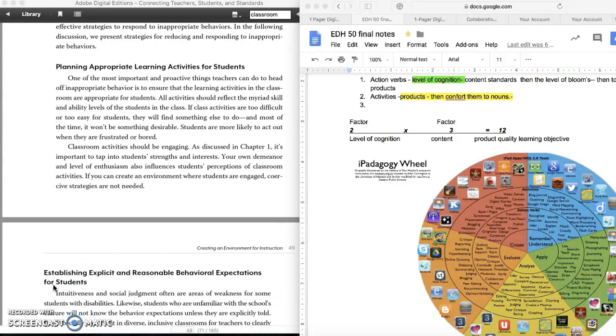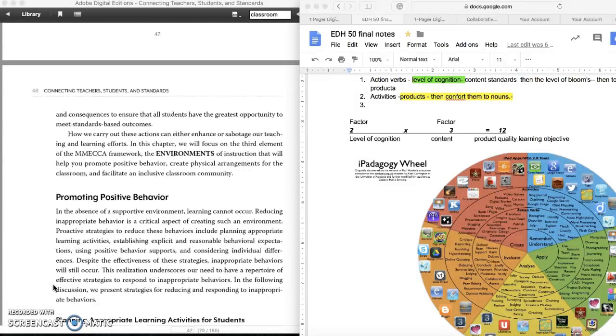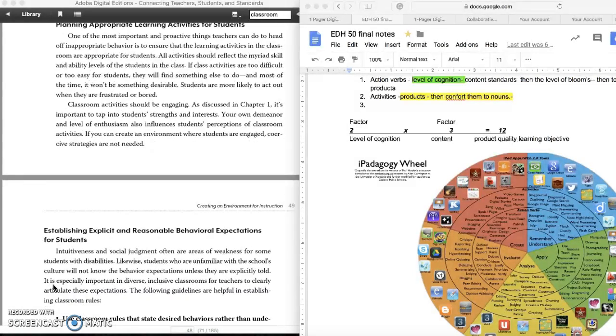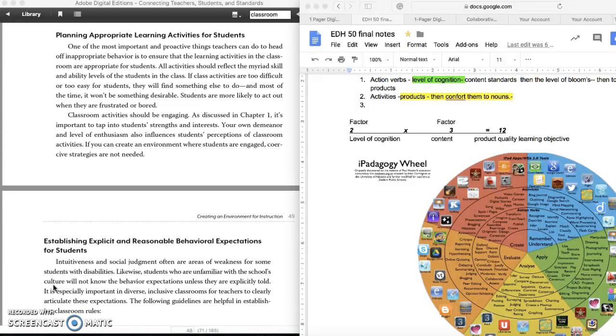And another way to maintain positive behavior for students is arranging the correct learning activities that are appropriate for their age and their grade level.